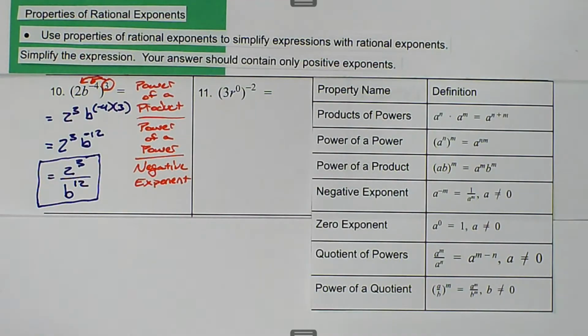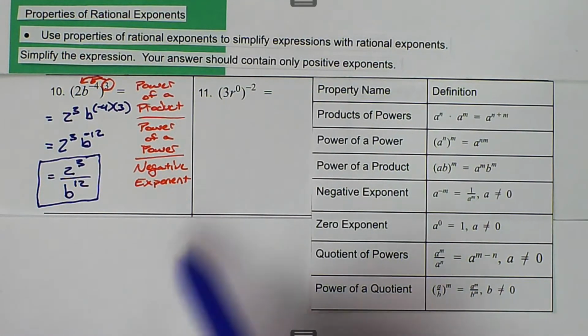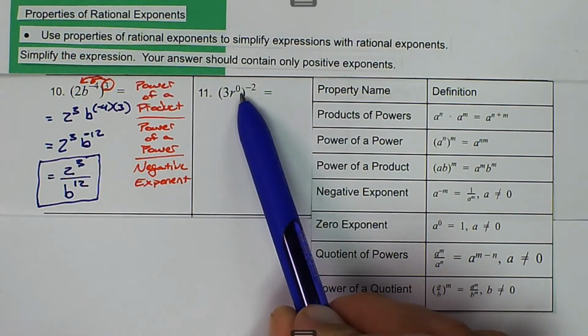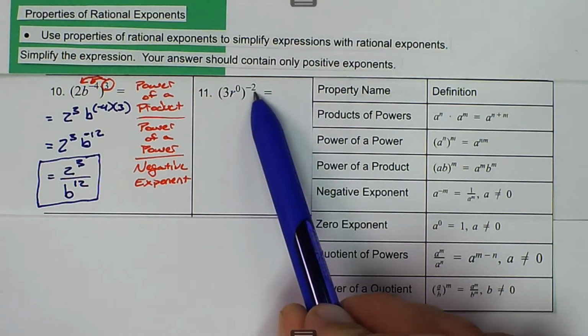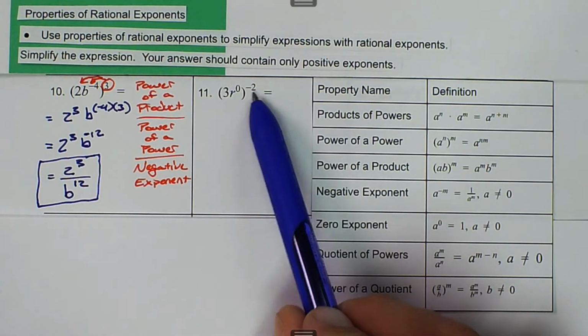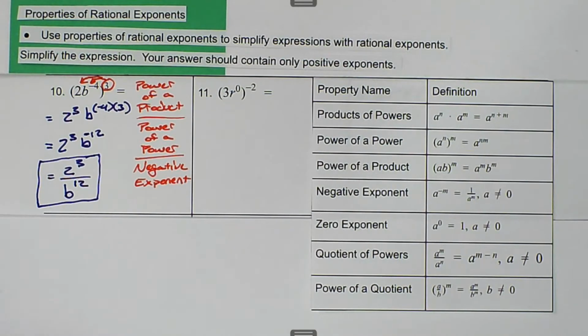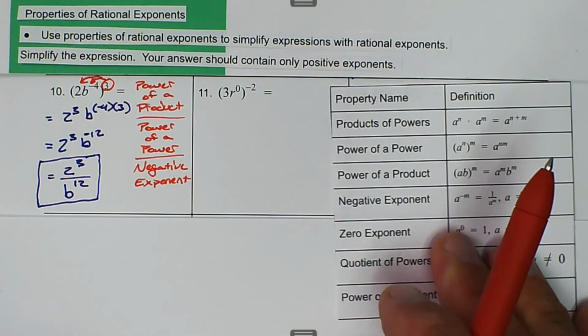The next one we have is 3r to the 0 power, and then all raised to the negative 2nd power. So there's multiple ways we can do this. The first thing I always like to do is, if I can use the 0 exponent, I want to use the 0 exponent because that changes one of the parts of the expression to 1.